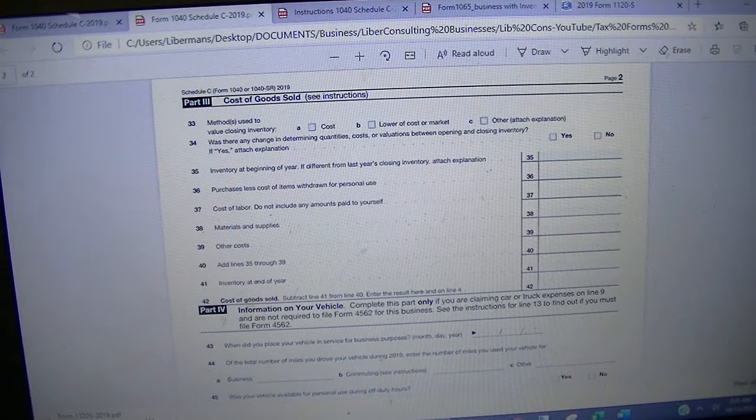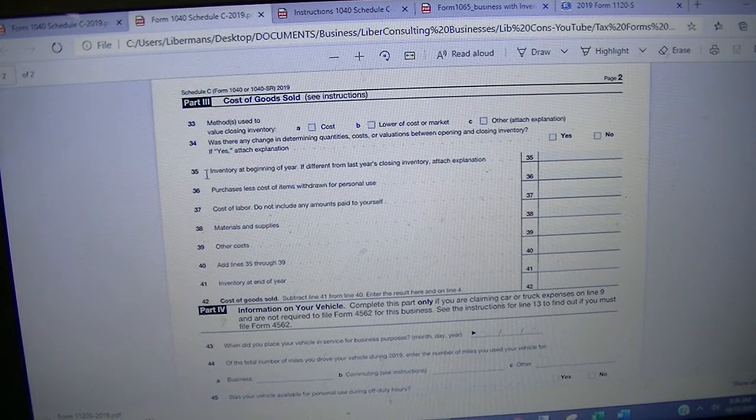So at the end, cost of goods sold. That would pretty much be a part of your purchases or manufacturing costs during the year. And when you do your inventory to see the cost of the inventory at the end of the year, knowing inventory at the beginning of the year, the cost of manufacturing and purchases during the year, and the cost of inventory at the end of the year, you know the cost of the goods sold.